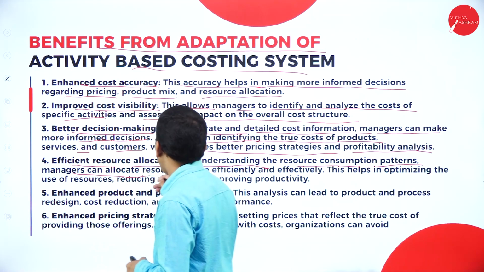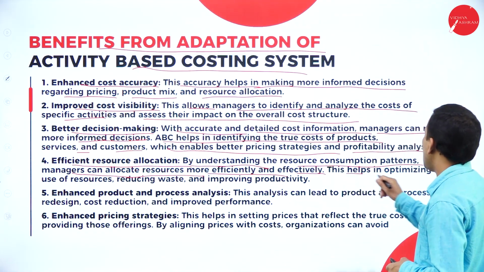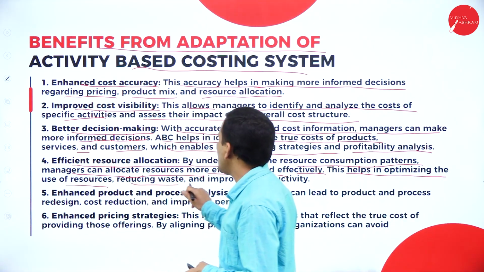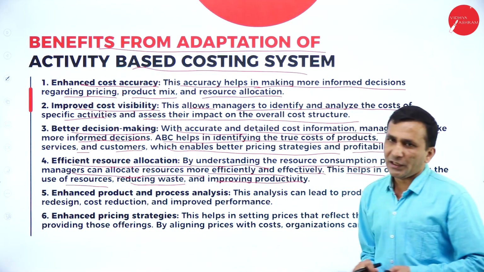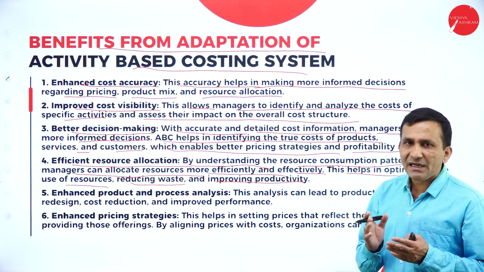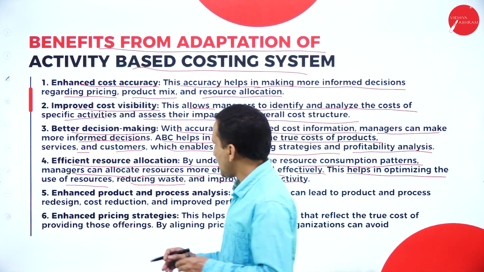So the manager can allocate resources more effectively and efficiently. This helps optimize the use of resources, reduce waste, and improve productivity. Everywhere we are finding standards based on the calculations. We will set a standard.